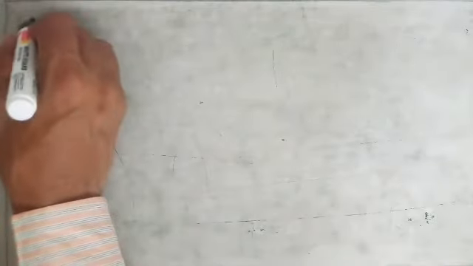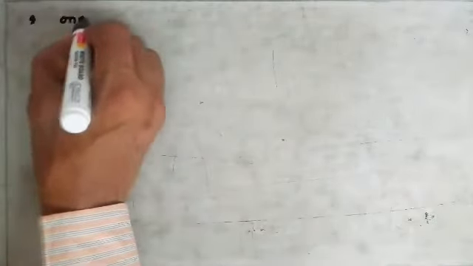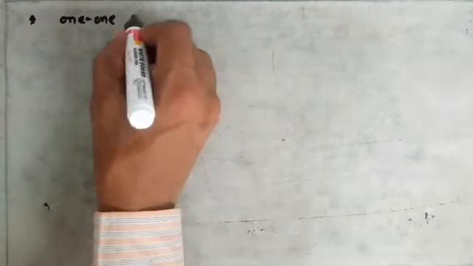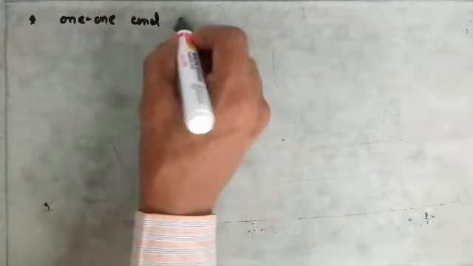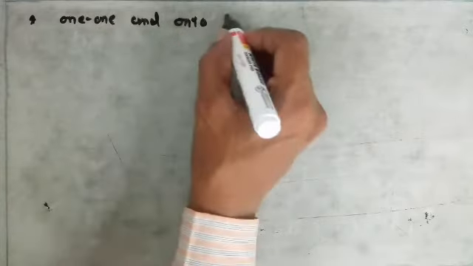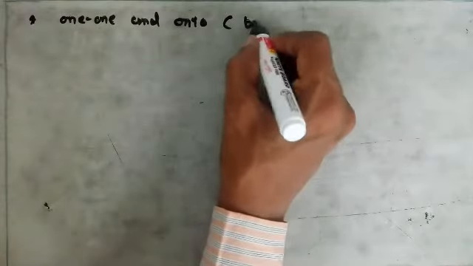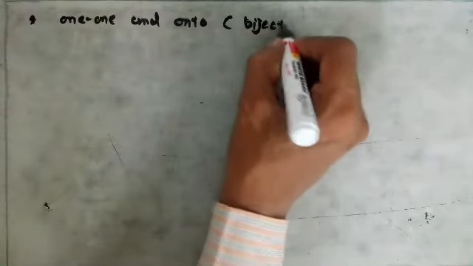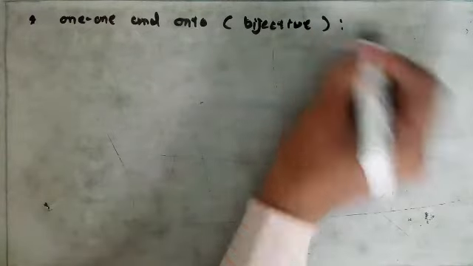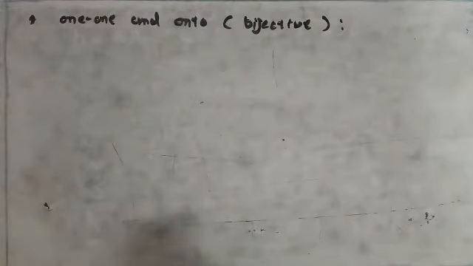Now combine definition of one-one and onto, that is bijective. So remember this, which function is said to be bijective? One-one and onto combined function.